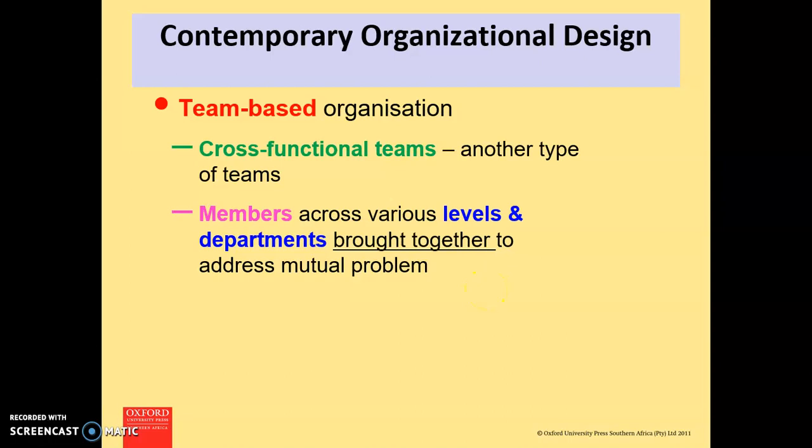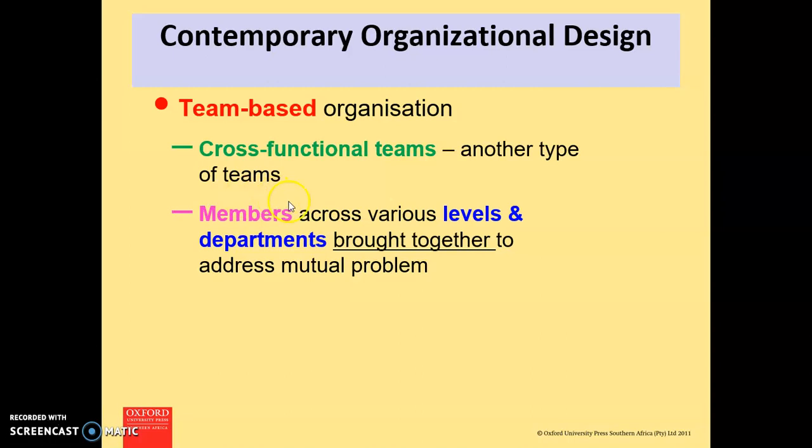Okay, team-based organization again. There's another name for team-based organizations called cross-functional teams. There's another type of team where members come from a variety of departments, brought together to address mutual problems.